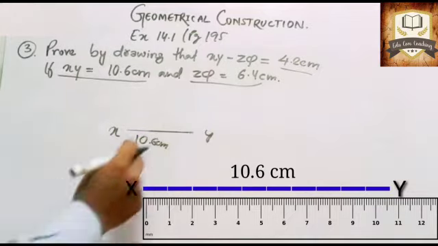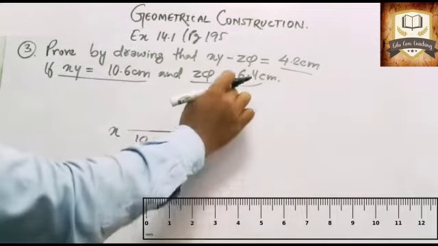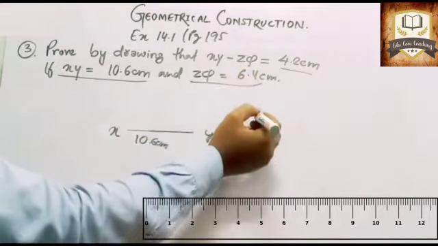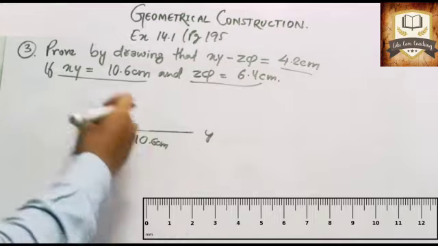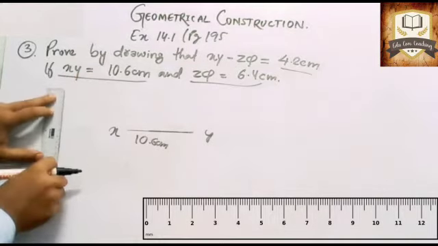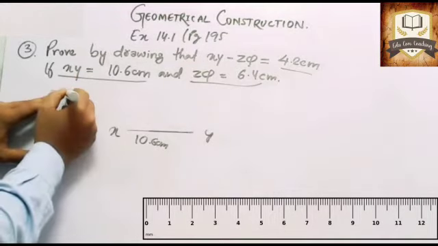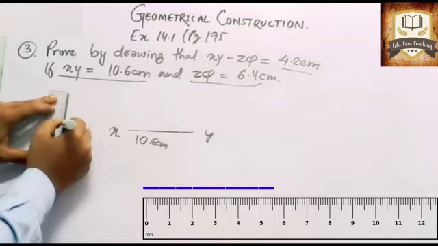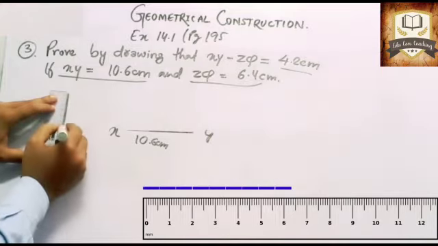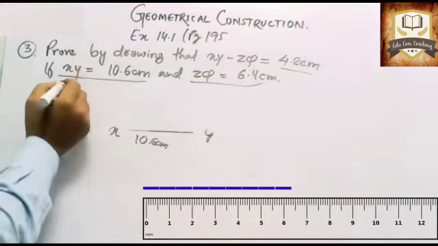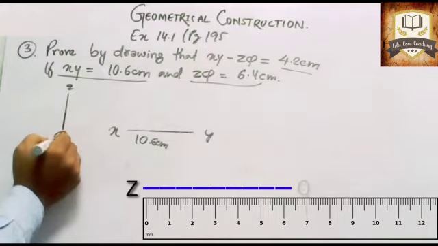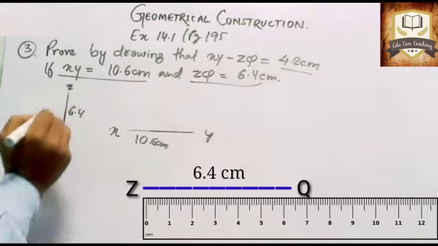Okay, now 6.4 cm you have to draw here, or on this side also you can draw it, 6.4 cm. Okay, this line segment is ZQ, 6.4 cm.